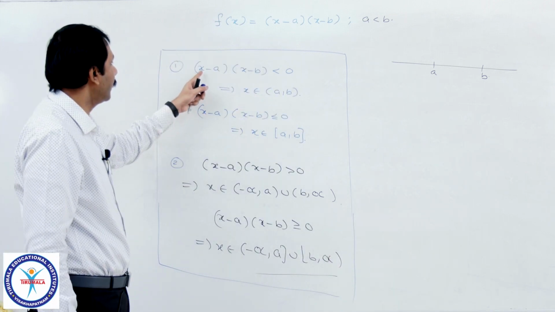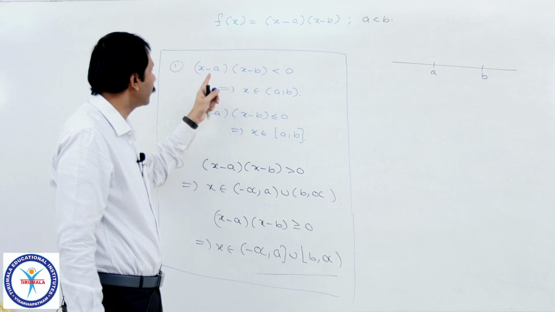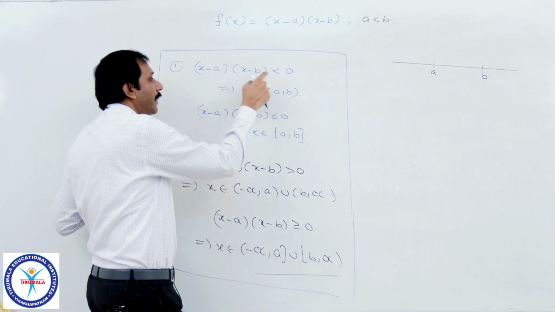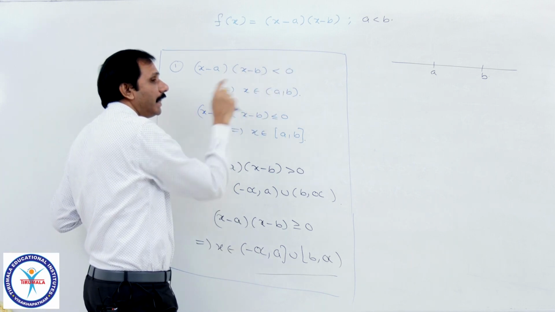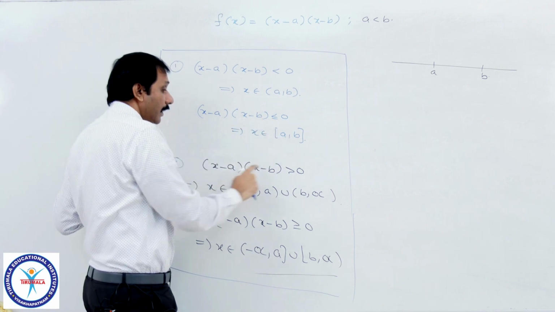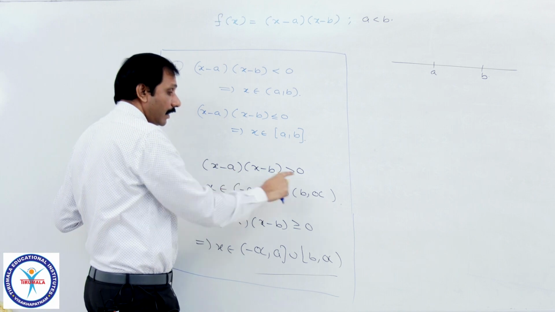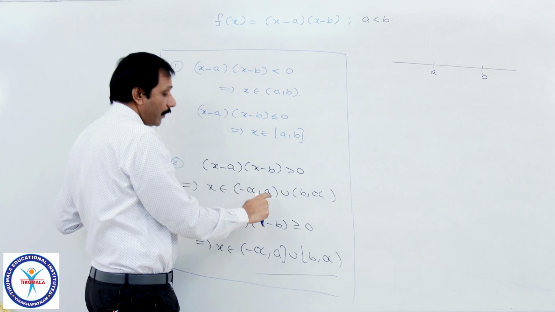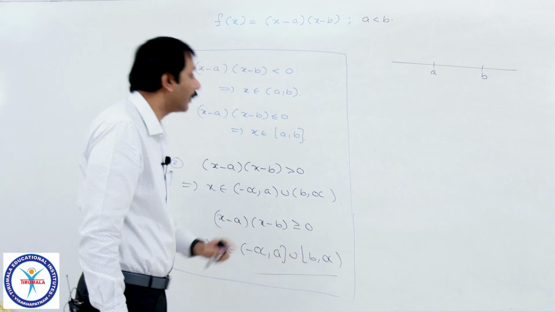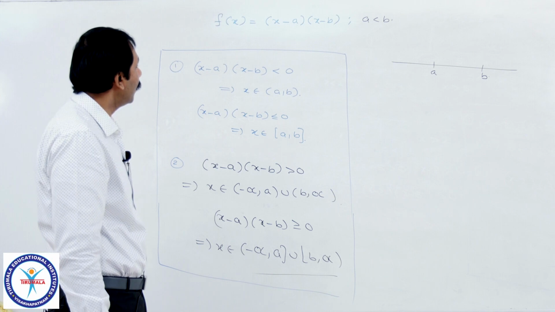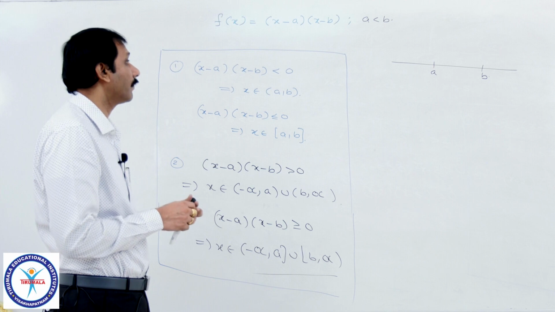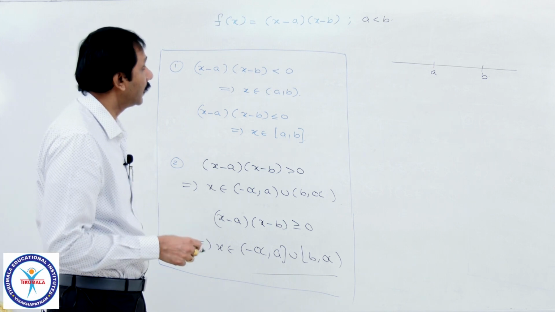And observe this: the coefficient of x is positive in (x minus a) into (x minus b). Negative means x must be between a and b; less than or equal to 0 means closed [a, b]; greater than 0 means less than a or greater than b, minus infinity to a union b to infinity; greater than or equal to 0 means these are included. Of course, you will come across this quadratic in the quadratic equations chapter.